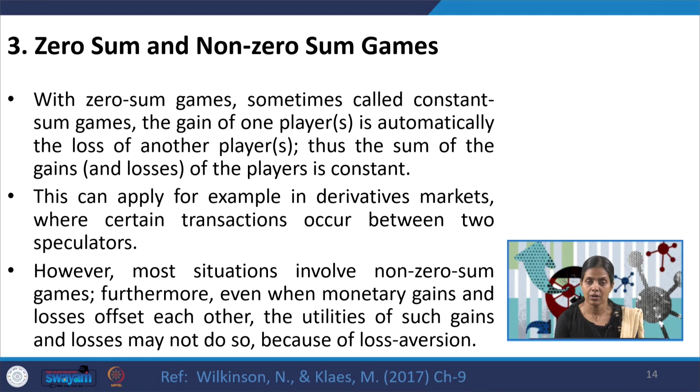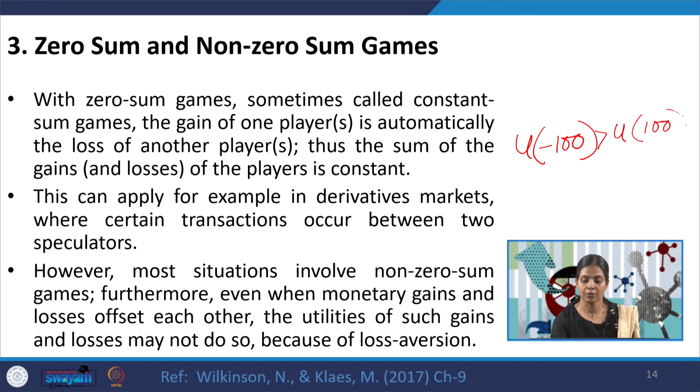For instance, my 100 rupees loss would be someone else's 100 rupees gain, but it is not necessarily that the utility associated with my 100 rupees loss is equivalent to the utility associated with the other individual's 100 rupees gain. Specifically in the context of loss aversion, the utility from the loss is expected to be much greater than the utility from the gain.